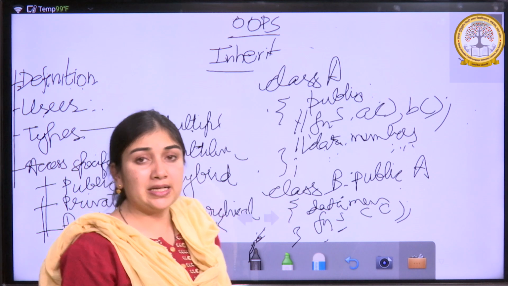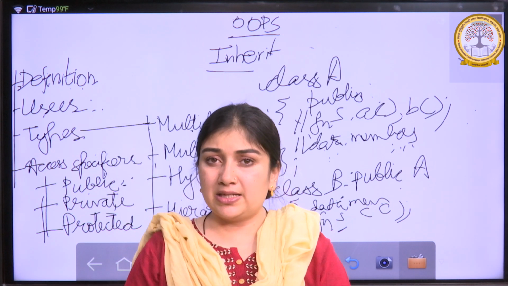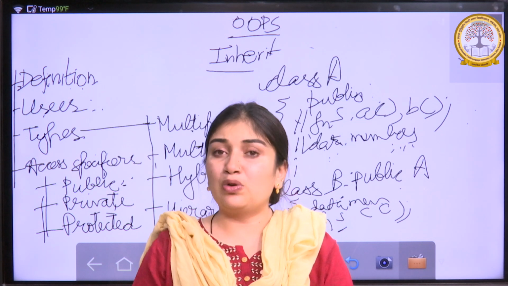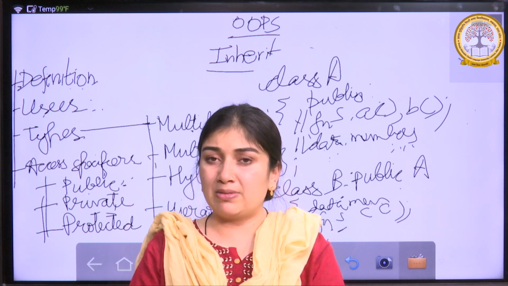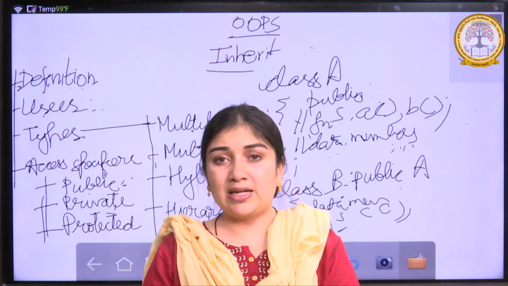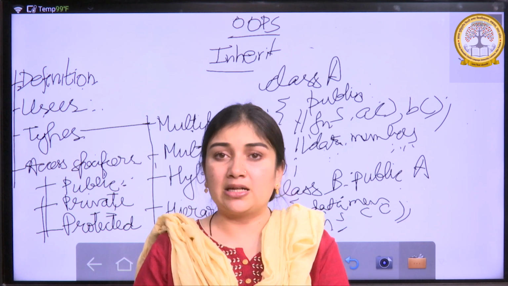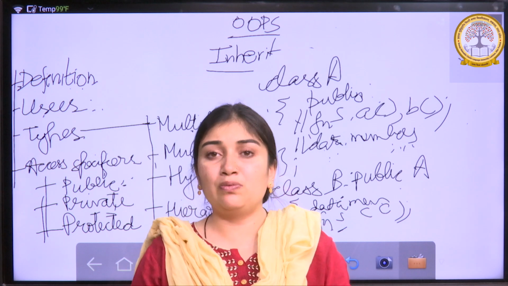See, keep on relating these things with the real world. I have certain functionalities that I want to restrain to myself. I don't want my things to be disclosed or transferred to my child. Or there are things that I want to share publicly. Or there are things that I want to share with some particular group of people.